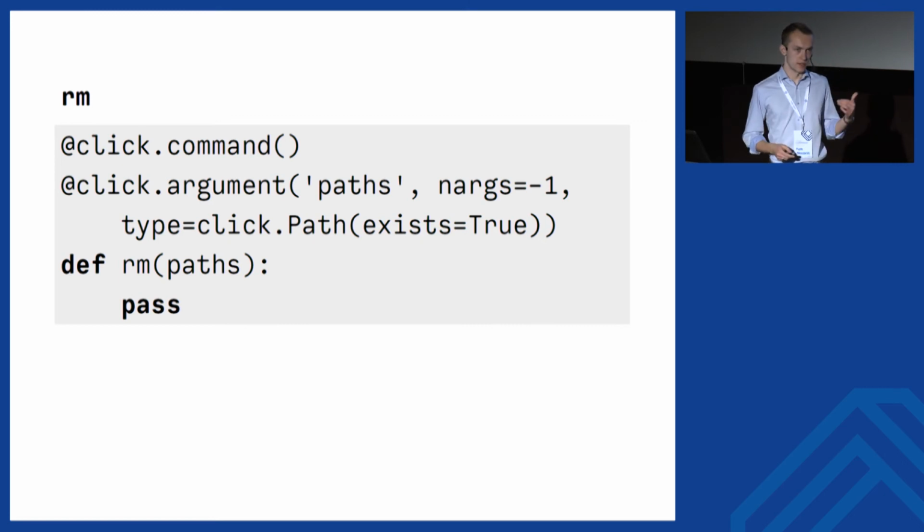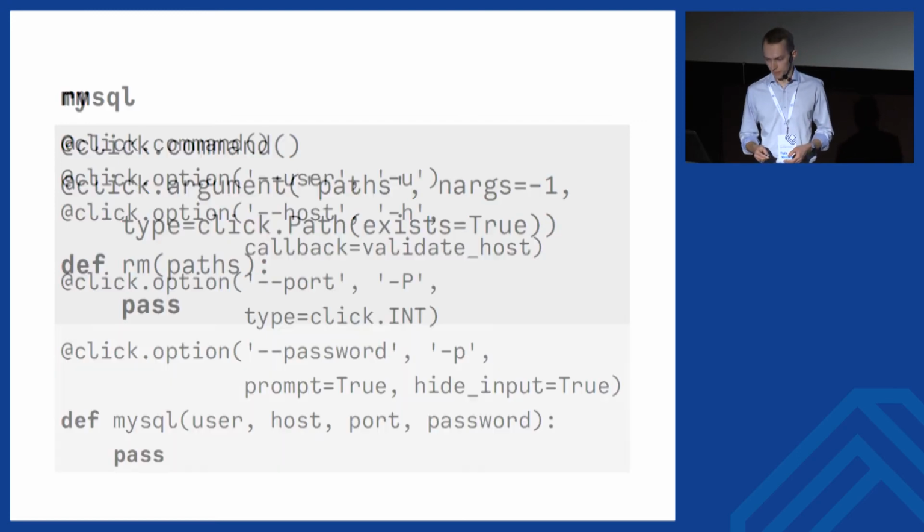And you can also set a type for this argument, and you can say that it will be a path, and you can even tell Click to check if it exists. You can tell Click to check if it's writable, readable, and so on. So it's like you just saved yourself a few lines of code there.